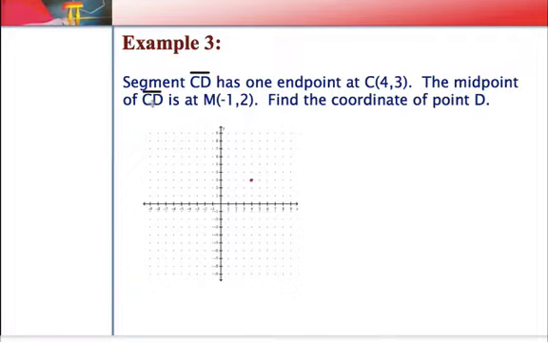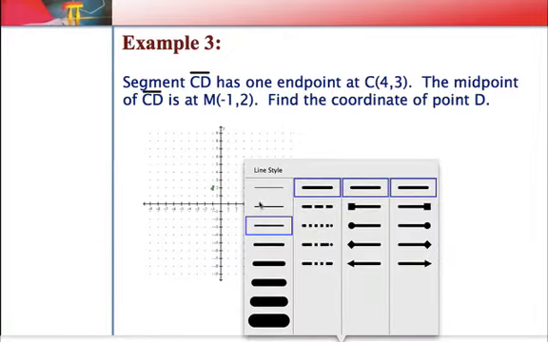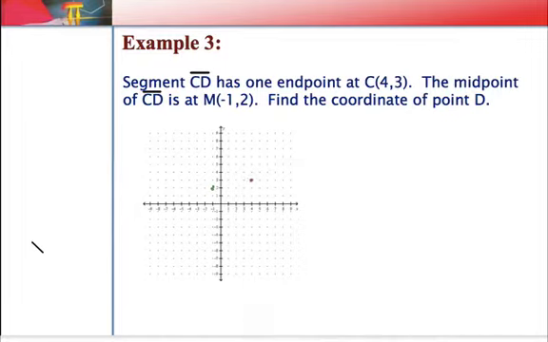We don't know where D is, but we do know that the midpoint is at -1, 2. So whatever's going on here, I know that the midpoint is halfway between C and D, right? So this is the midpoint, then D's got to be somewhere along this other side, right?